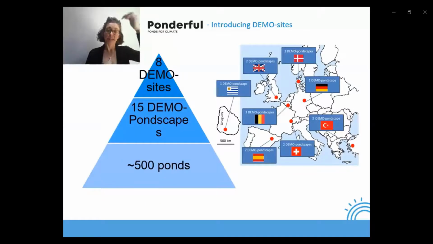We develop demo sites in 8 countries across Europe and Uruguay. Each demo site leader defined with local stakeholders 1 to 3 demo pondscapes to assess. So in total, we are coordinating 15 demo pondscapes that are distributed in 4 bioclimatic zones and contrasting landscape and also social and political context.